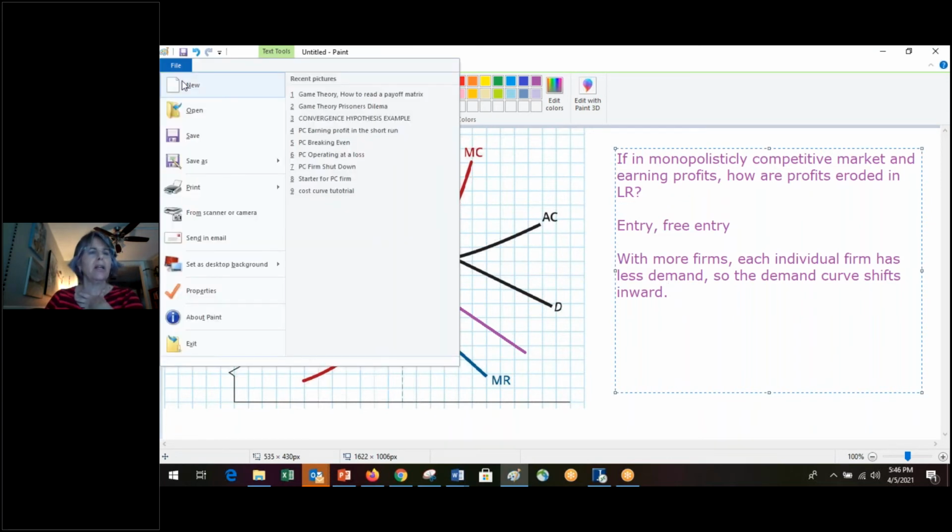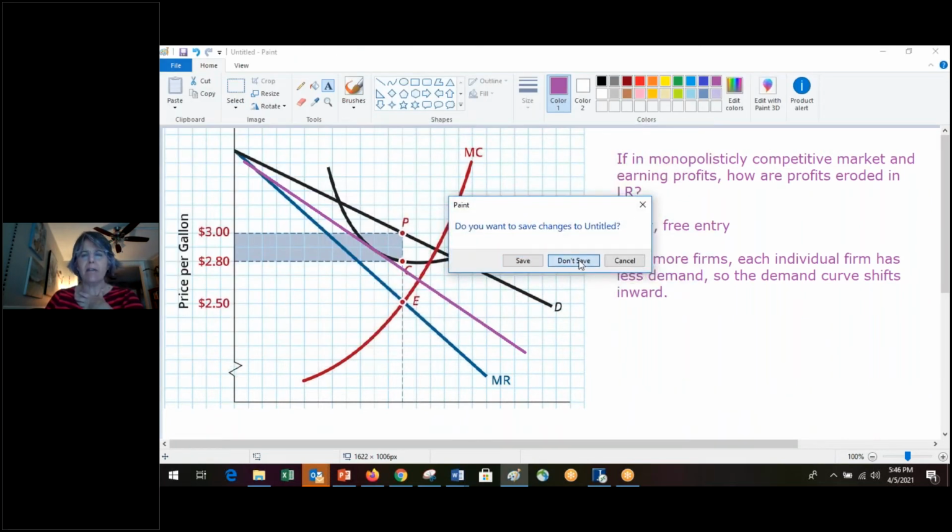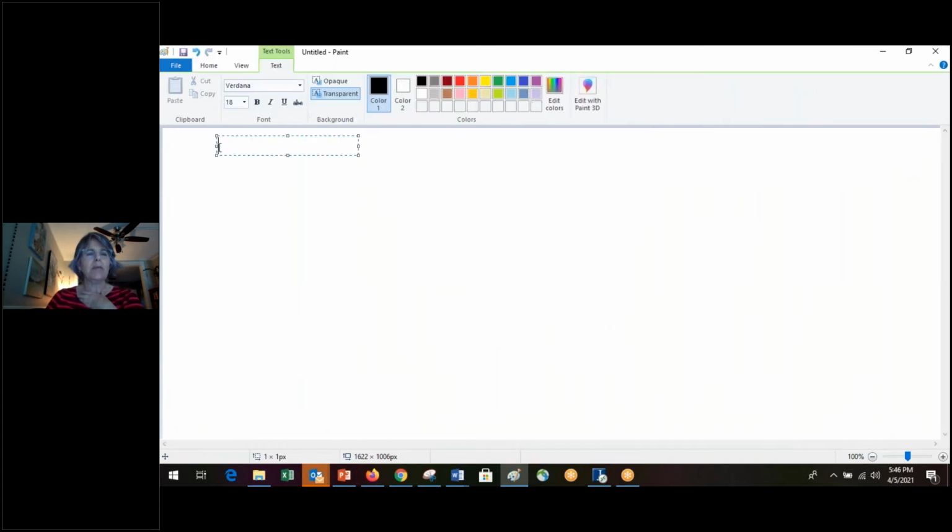Just really quickly, remember, I'm not going to save that. Remember, in perfect competition, what was the adjustment mechanism?